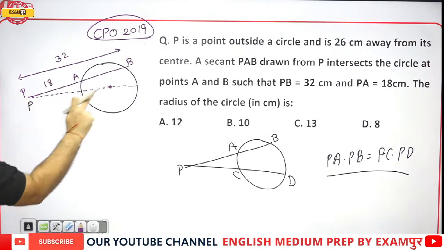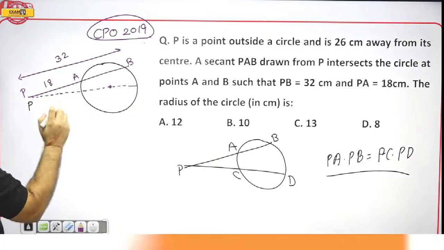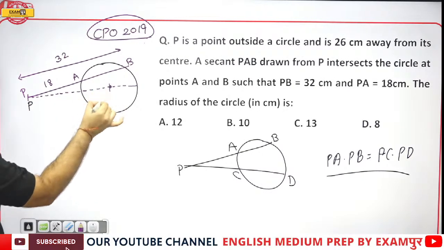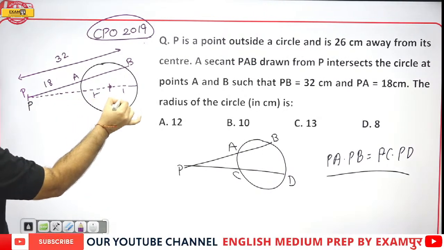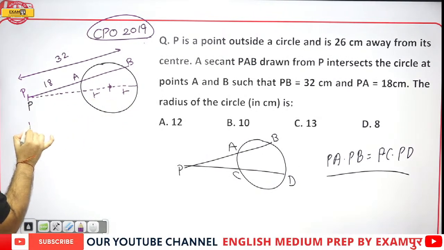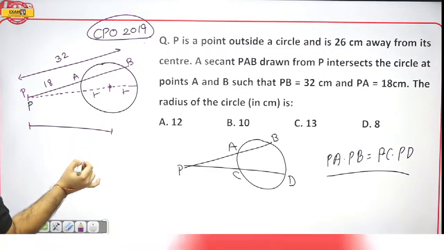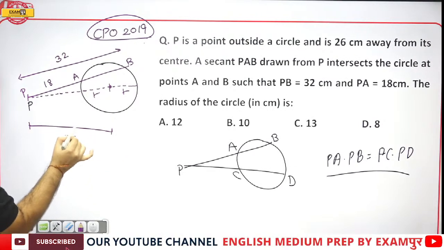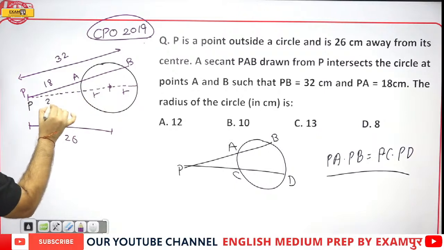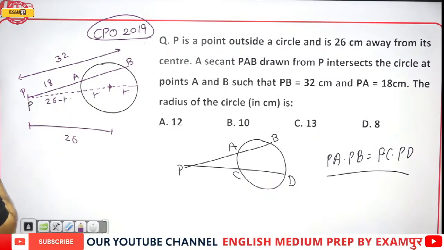Because we know this particular distance, OP. This is radius, this is radius. If OP is given as 26 and this is R, can I say this is 26 minus R?